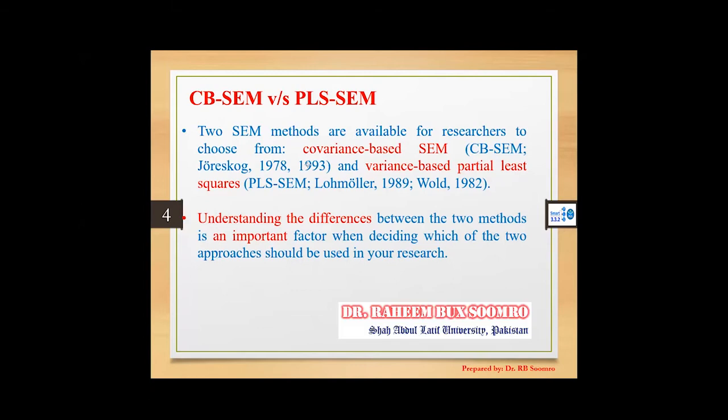One is covariance-based, and the other is variance-based partial least squares. To understand the difference between these two approaches is very important. That is why I have developed this video, to teach you how you can differentiate between these two.